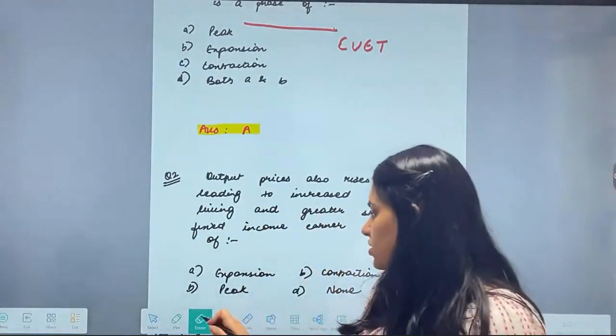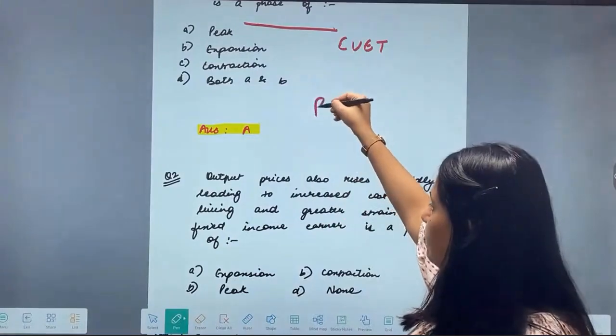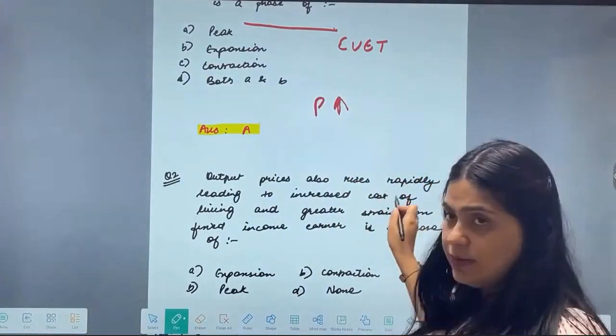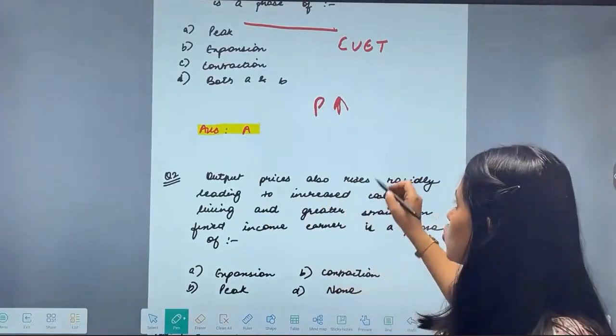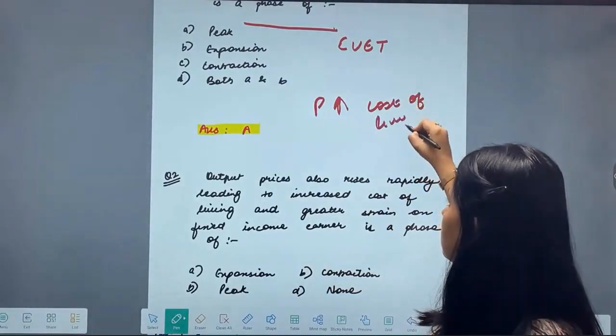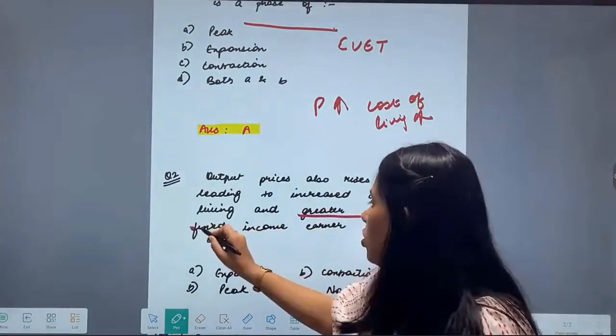So what is it saying? Have a careful look at the question once. It says output prices rise rapidly, leading to increased cost of living. So cost of living is increasing and there is greater strain on fixed income.